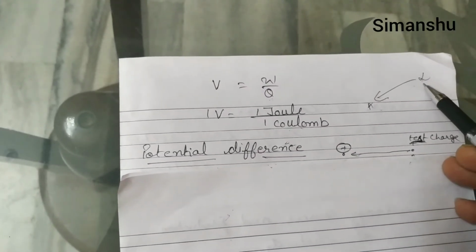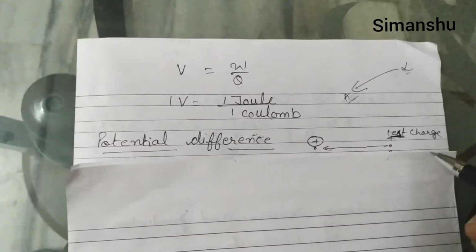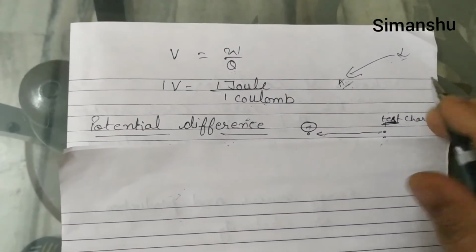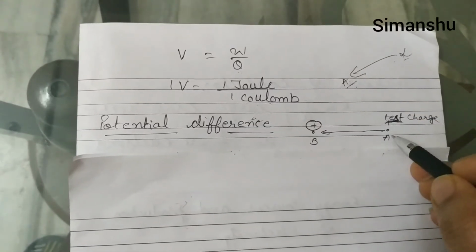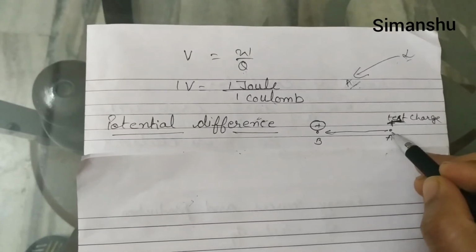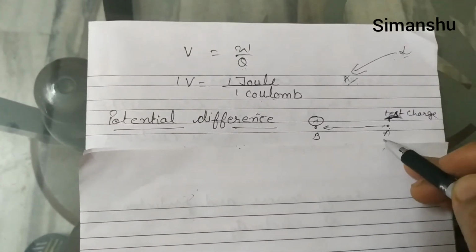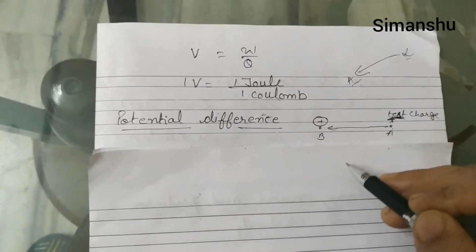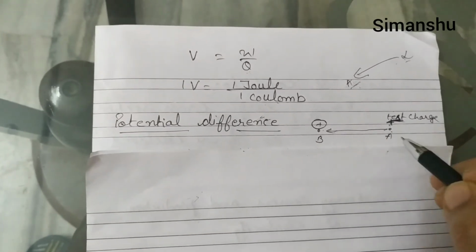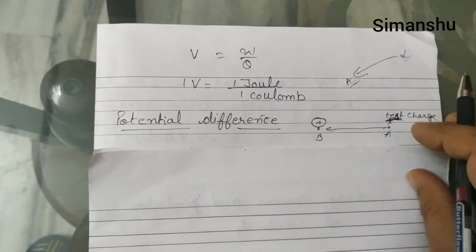Now we are moving toward the next term, that is potential difference. Here I had shown one side infinity, the other side a fixed point. But if both points are given, when you have to move a positive test charge from one point to another point, that time also you have to apply some force to move the charge. So that time also we are going to do work.